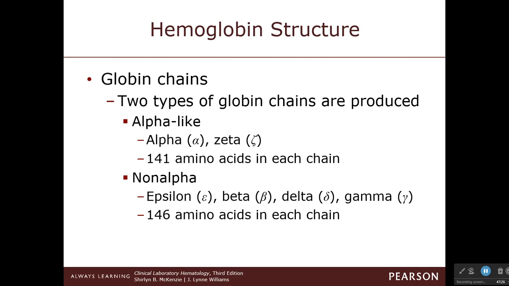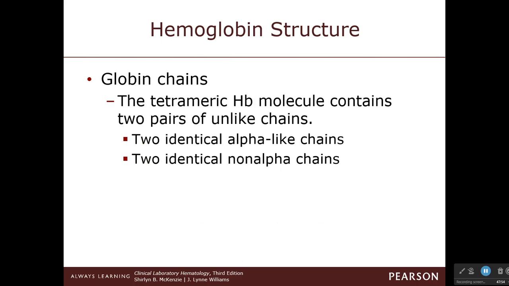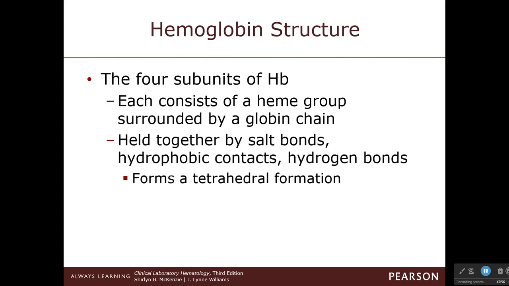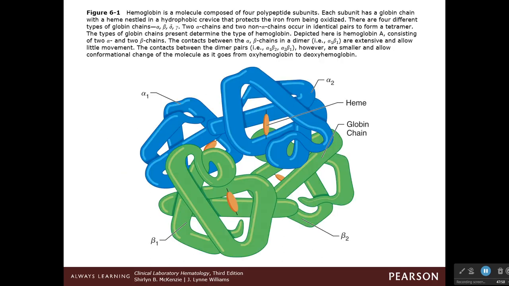That means I have 2 11s and I have 2 16s if I'm normal, right? I should have 2 pairs of each one. Located on these 2 genes are alpha and non-alpha. We talked about that already.